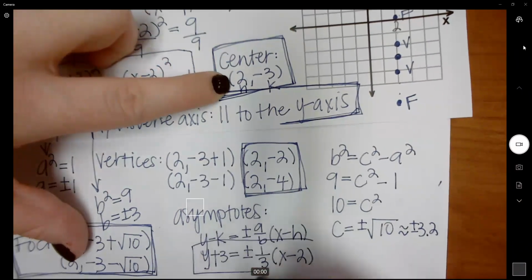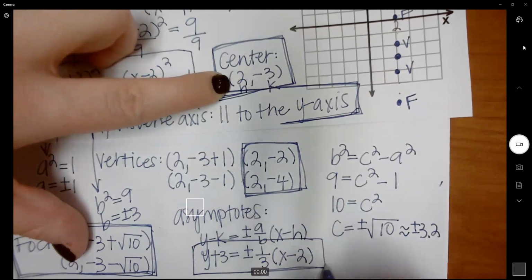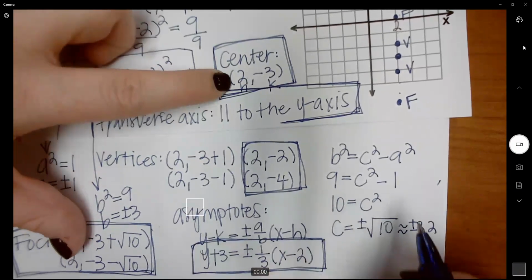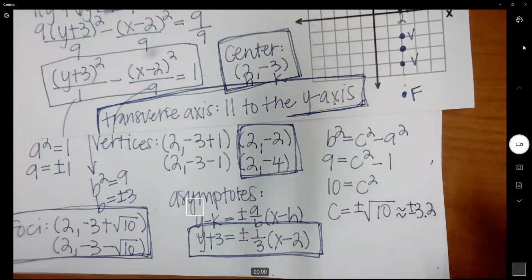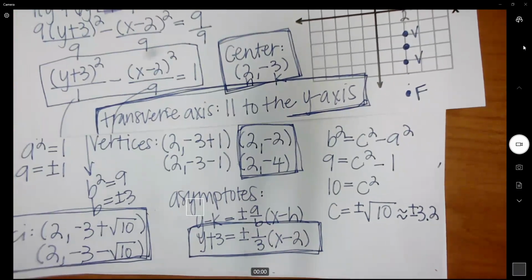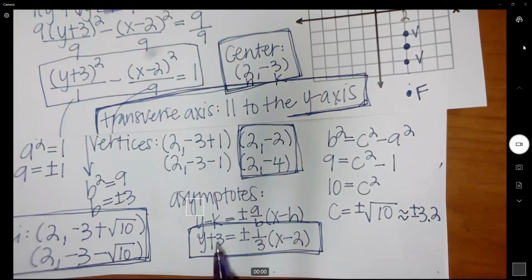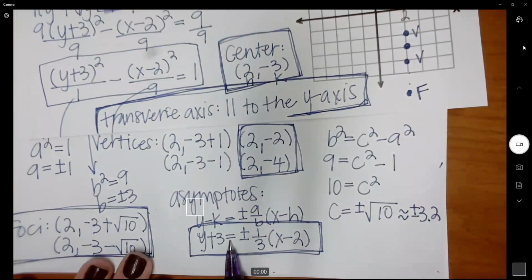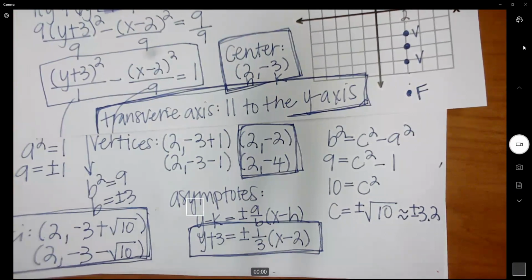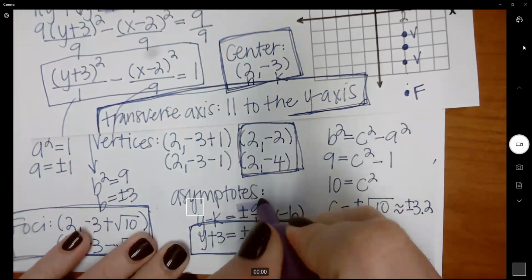This is the equation of your asymptote. Now you could solve it for y. You could distribute the 3, subtract the 3 over, or distribute the 1/3, subtract the 3 over, but this is still an equation because that still has that equal sign. Now what it's actually going to ask for is just the slope.